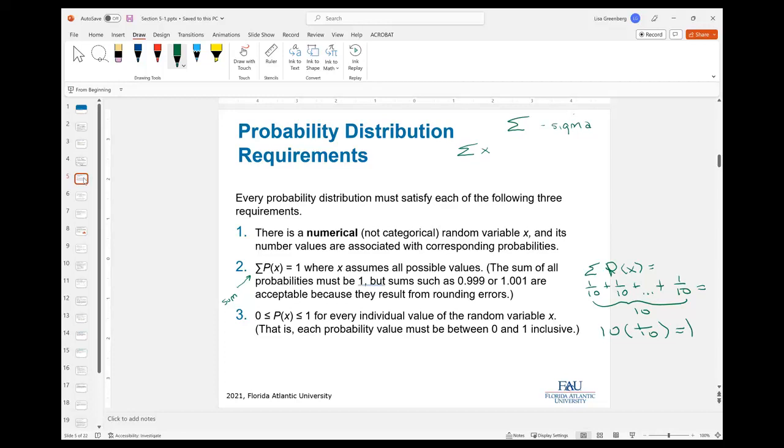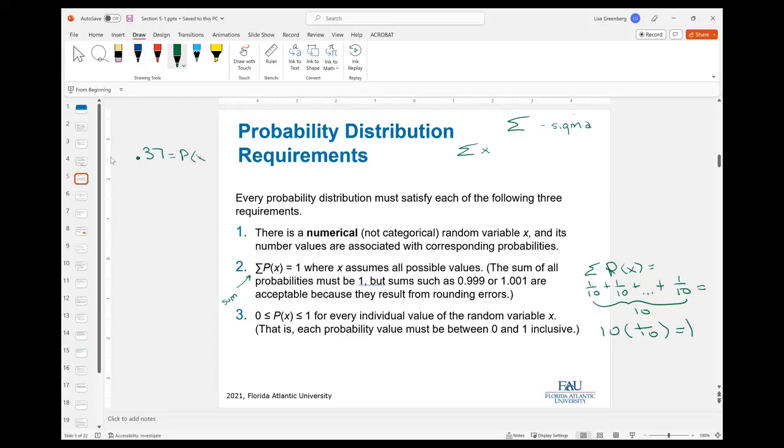All probabilities are between 0 and 1 for every individual value of the random variable. So basically we're saying our probabilities are between 0 and 1. They're always going to be decimal numbers, right? And whenever I have a decimal number, let's say 0.37, that's my probability.